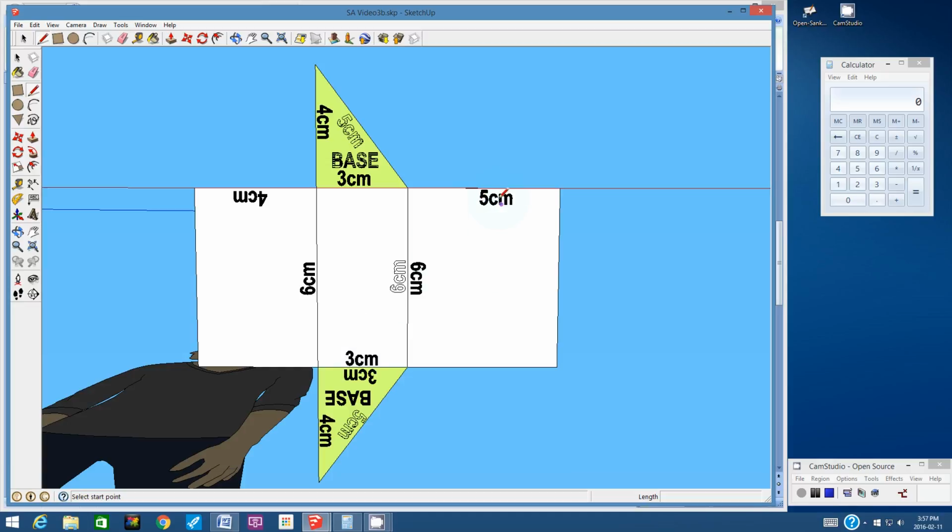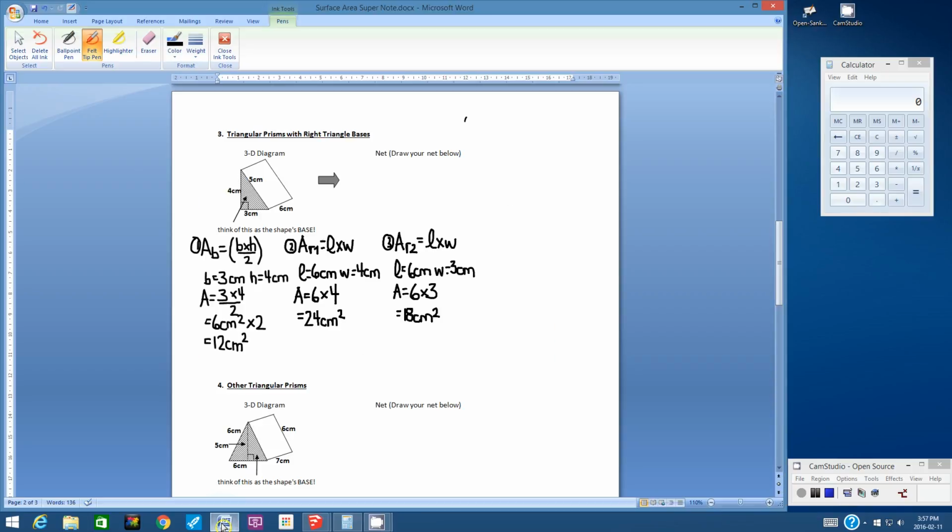All right, so let's go to our last rectangle, dimension 6 by 5. So we're on step 4 here. Area of rectangle 3 equals length times width. We said that the length, the longer side, was 6 centimeters, and that the width, the shorter side, was 5 centimeters.